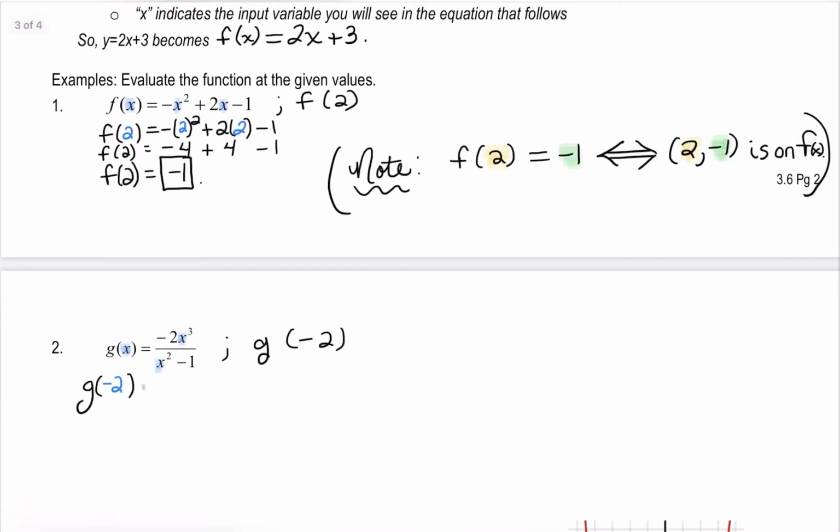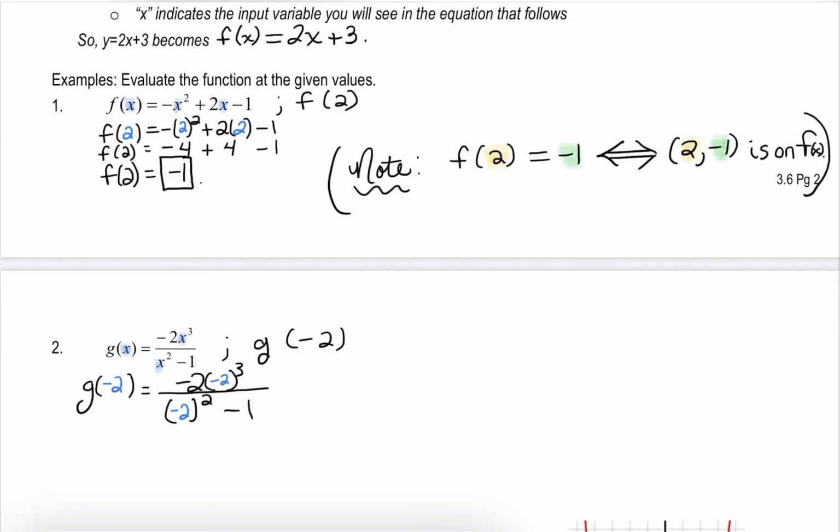We want to go into this function, and every place where there used to be an x, we want to replace that with -2. So -2 is going in for all of our x's.